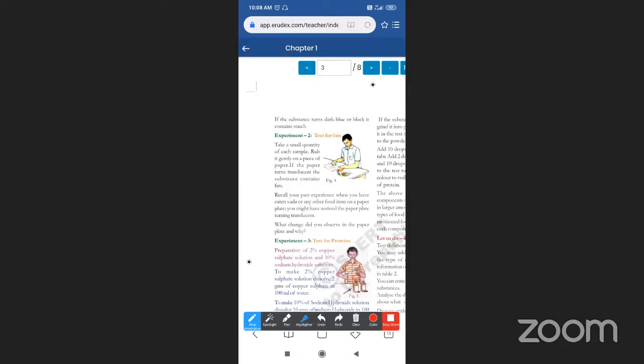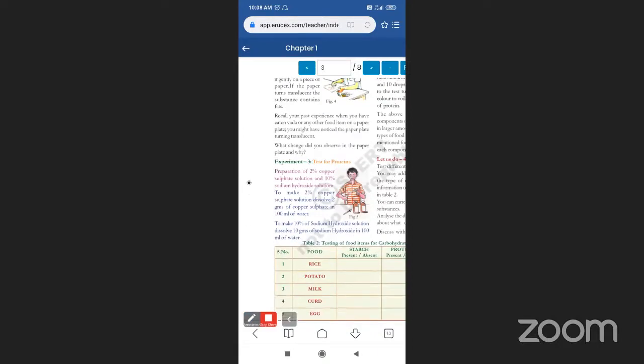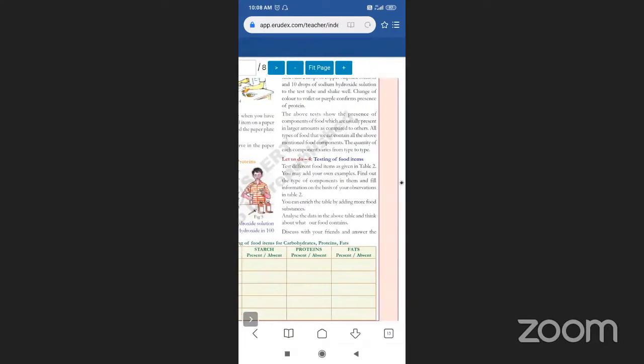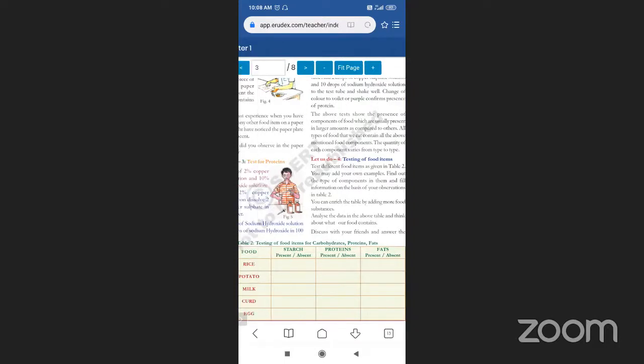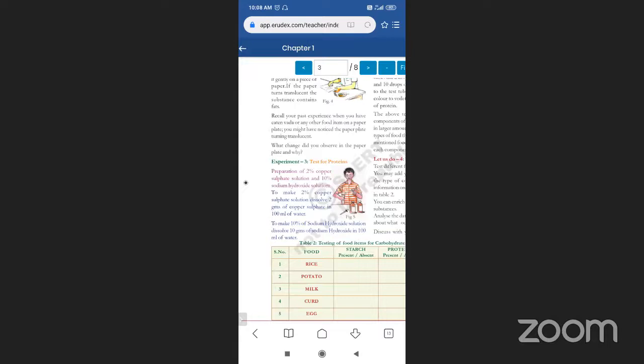Next, test for proteins. In this protein test, we need to take the food items in finely ground powder form. Here we use 2% copper sulfate solution and 10% sodium hydroxide solution.